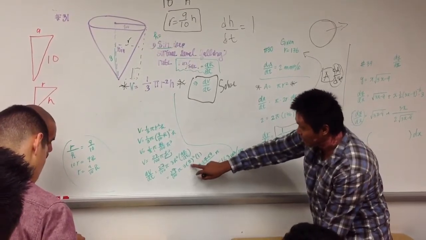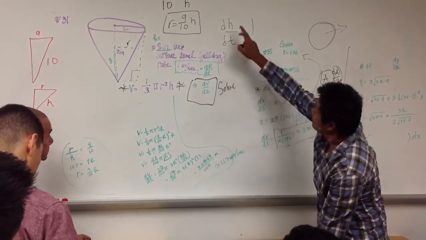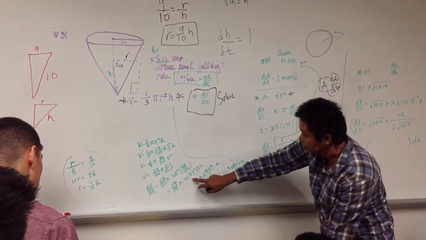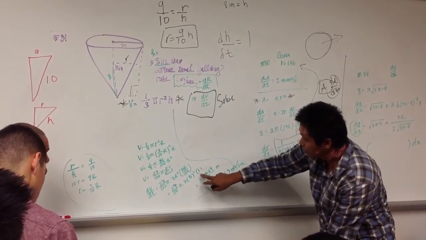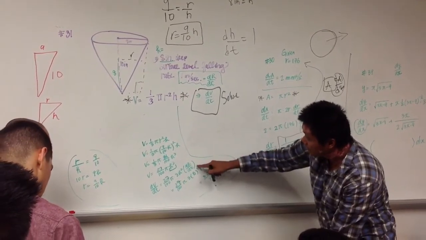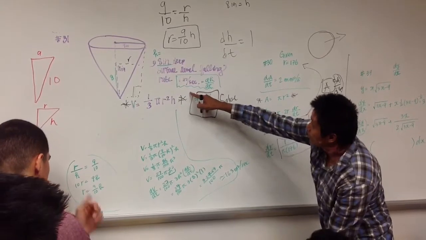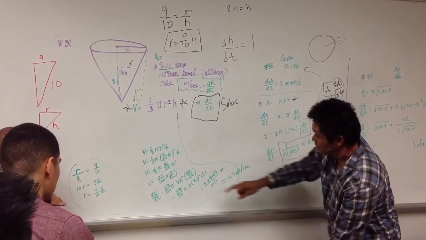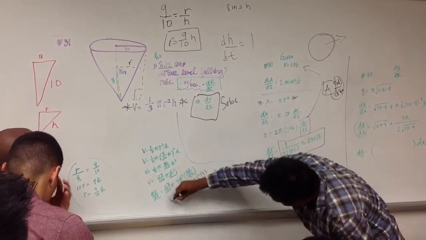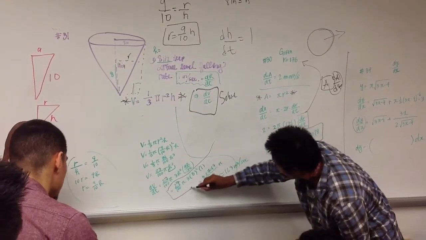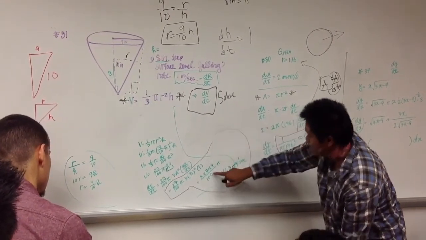We know what H is, which is 8. So we plug it in for the 3H squared here. And we know what dH/dt is, because it's 1. We're given it. That's the change of height over time. And when we use the algebra here, you should get this answer.